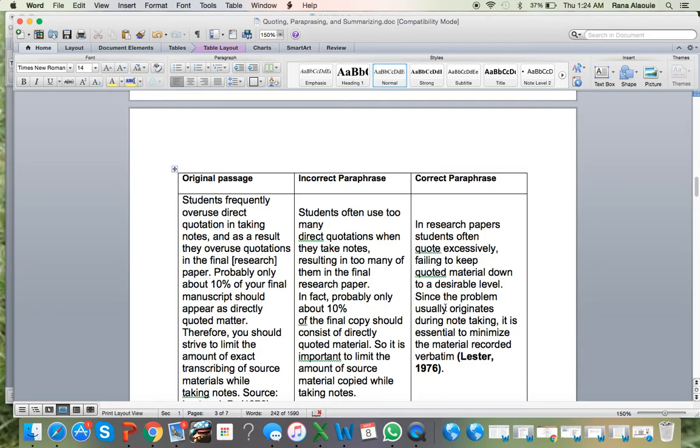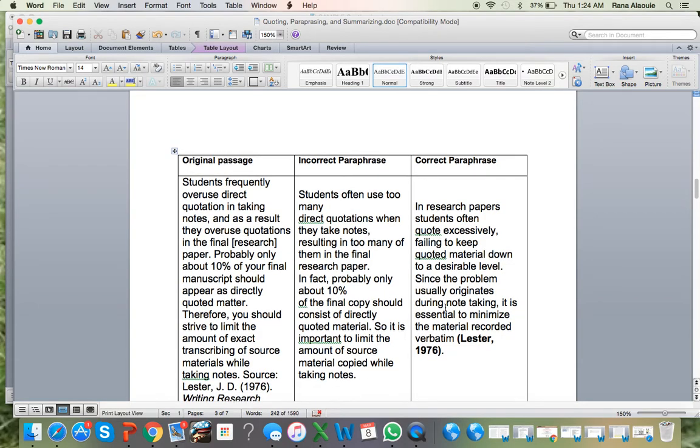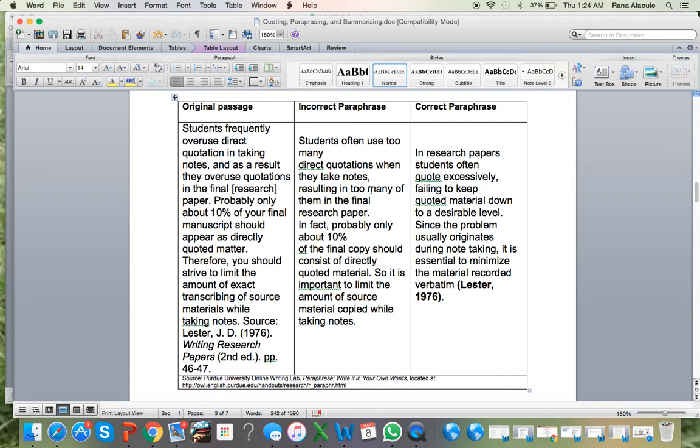Paraphrasing. Same original passage. Let's look at the incorrect paraphrase. Okay, so students often use too many direct quotations when they take notes, resulting in too many of them in the final research paper. In fact, probably only 10% of the final copy should consist of directly quoted material.